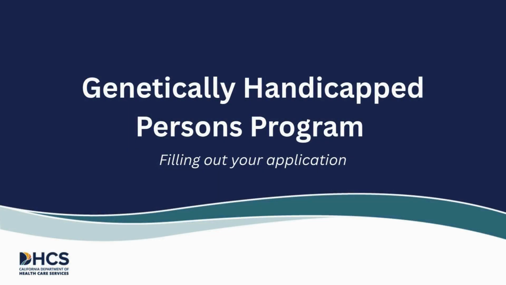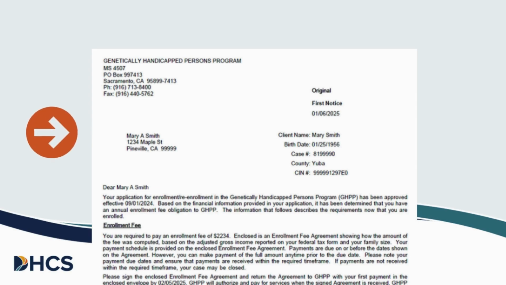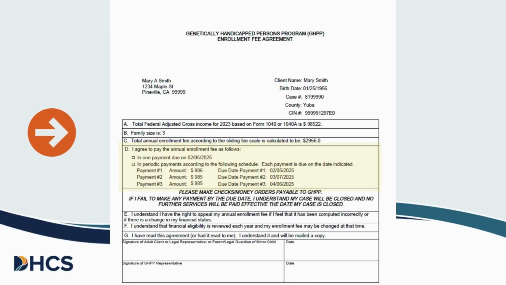If all documentation is in order and the application is filled out correctly, you will be sent an approval letter and nothing further will need to be done. If the GHPP system determines by your income that you will owe an enrollment fee, you will be sent an approval letter titled G41, with an option to pay your enrollment fee in 1 or 3 installments.